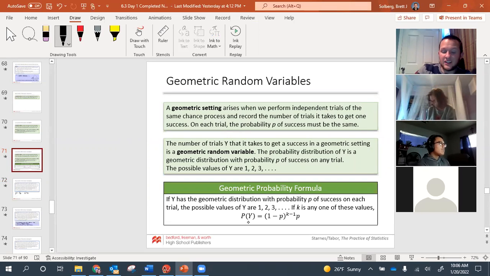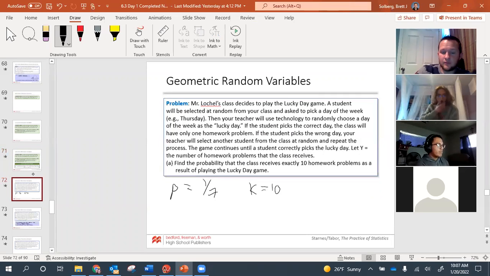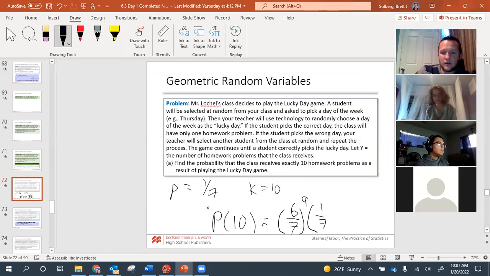The probability of getting 10 is going to be, well, what's the probability of getting it wrong 9 times and then getting it right on the 10th time? So I'm going to write this out like this: probability of getting 10. If 1/7 is the probability of getting it right, what's the probability of getting it wrong? That would be 6/7. We're going to get that 9 times. And then the probability we finally get it right after that would just be 1/7.